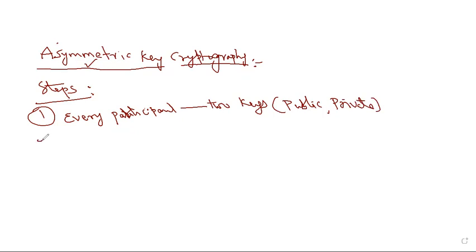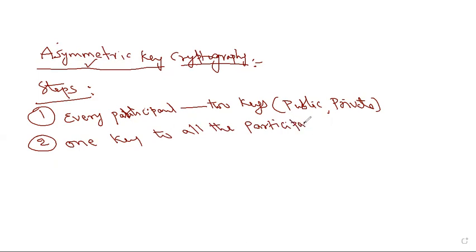The second essential step is, after every user generates the pair of keys, every user must publish one key, or inform one key, to all the participants. This key is called the public key.